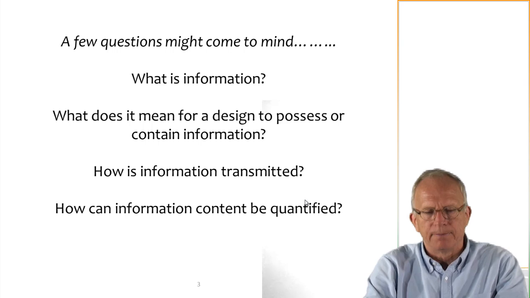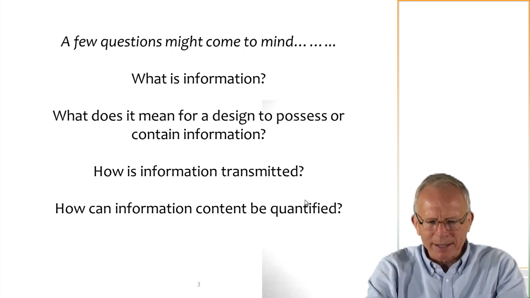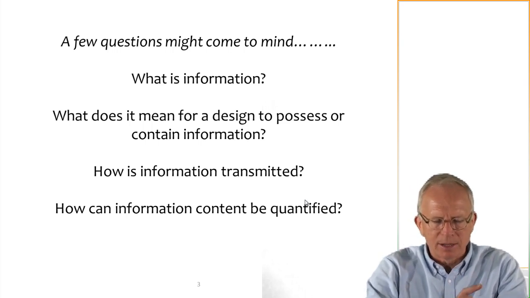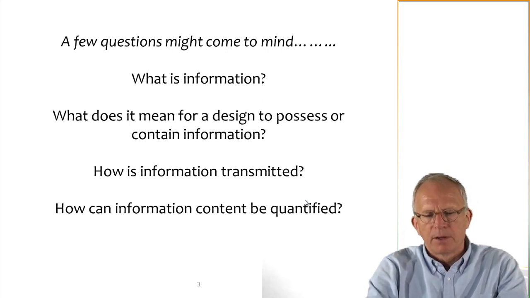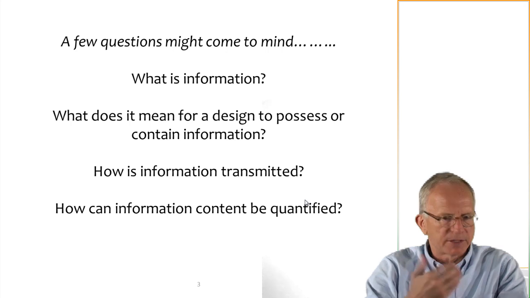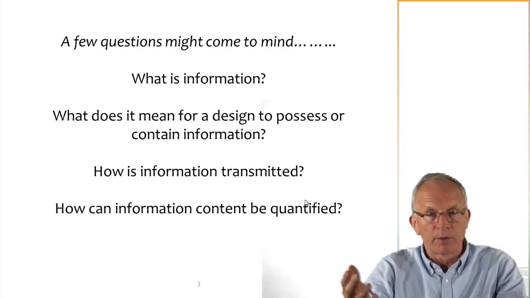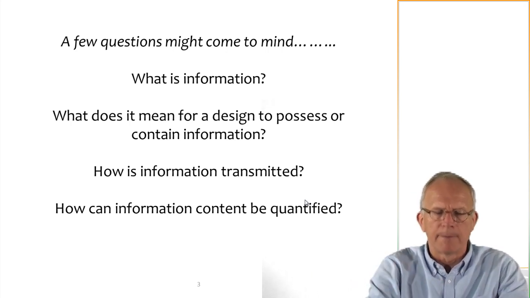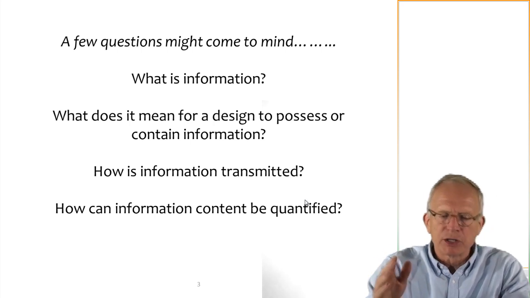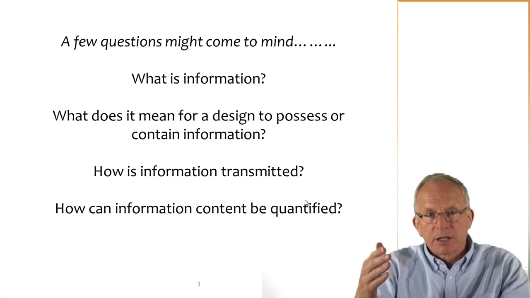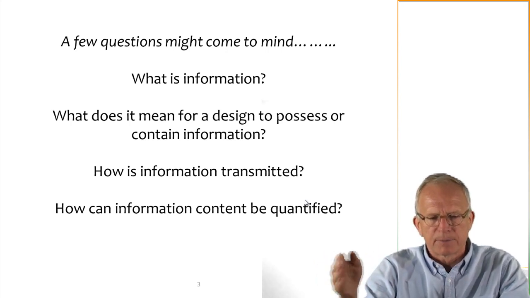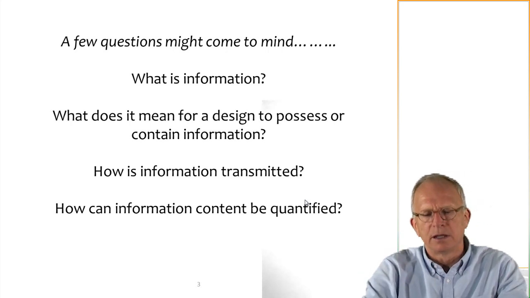Now, information, a few questions come to mind. What is information when we talk about information content? Reducing information often seems counterintuitive. Geez, I would like more information to be able to do a better design. But that's not the information content that's in the design. The information content essentially relates to the probability of success. So let's think of this intuitively, but in another way.